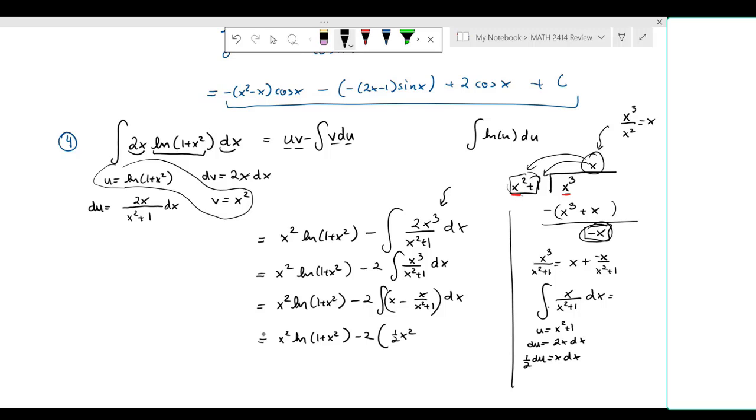So now we see that the denominator is u, right? And the numerator x dx is half of du. So you get half of du over u. So you get a log.